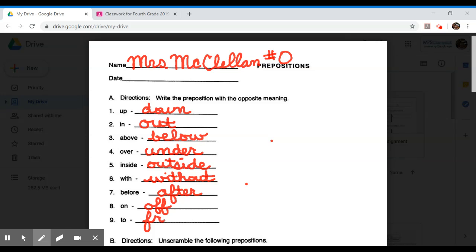Now, I know this doesn't say it on the directions, but I'm going to challenge our brains and go back and think, okay, the prepositions that I wrote down, do they tell me where I am in position or how I did something? So down is where I am, right? So I'm going to write the word where next to down. Okay, out is also where.